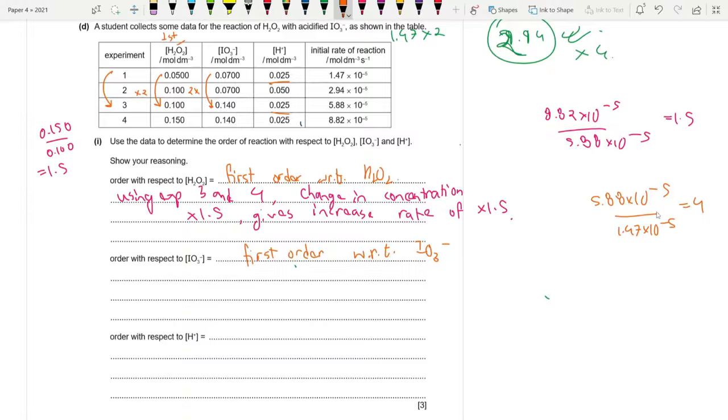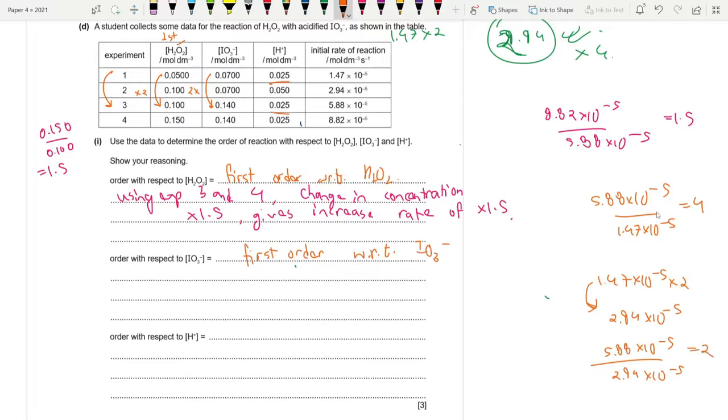When we doubled it at first, 1.47 times 10 to the power minus 5 became twice, 1.47 times 2, that's 2.94. This happened after we doubled hydrogen peroxide. So look at the final one: 5.88 times 10 to the power minus 5 divided by 2.94 times 10 to the power minus 5. So 5.88 divided by 2.94, how much is that? That's 2.